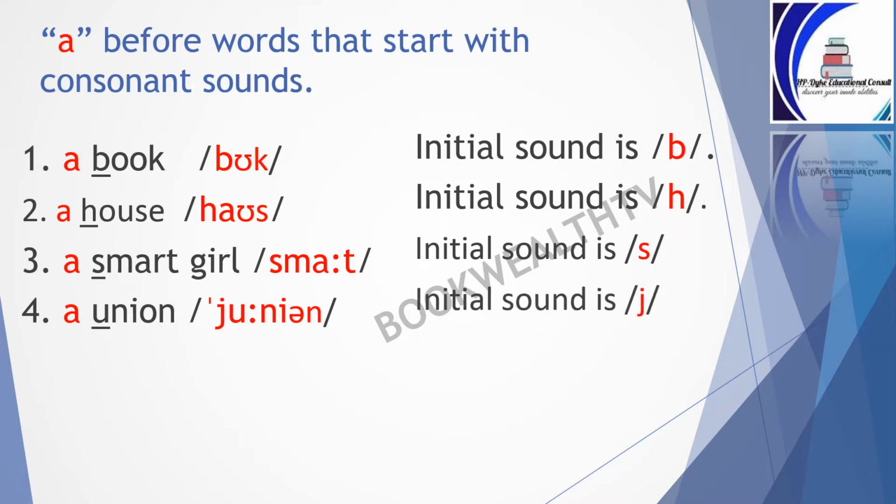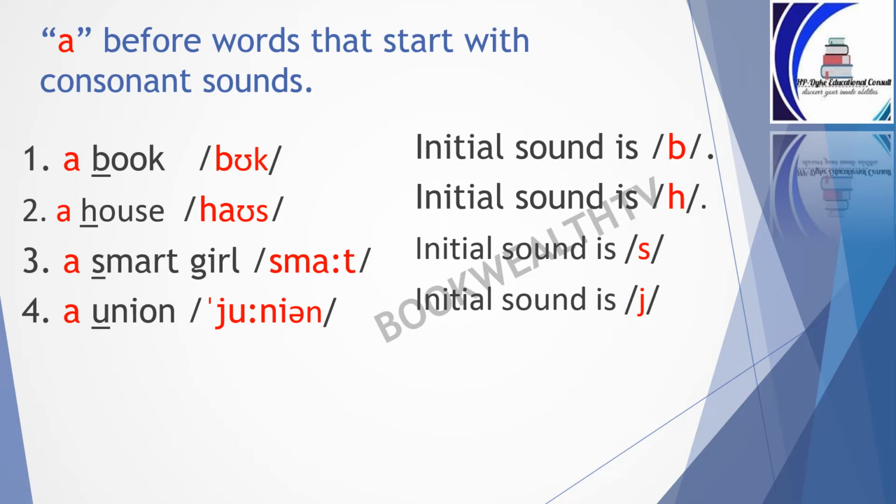Initial sound is Y. Are you surprised that the union in example 4 takes A? Remember that A comes before a consonant sound. The sound of letter U in union is not A, it is Y, which is a consonant. We consider mainly the sound of the letter and not the letter itself.